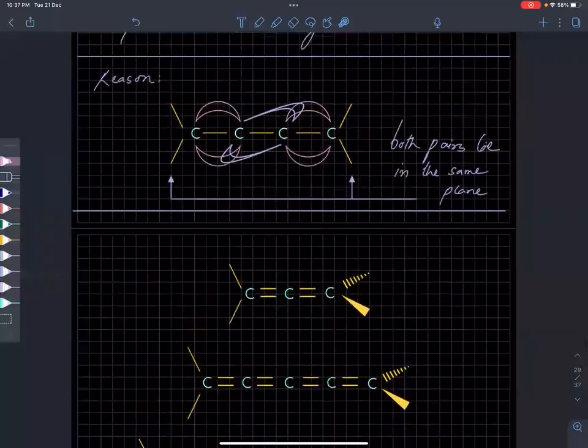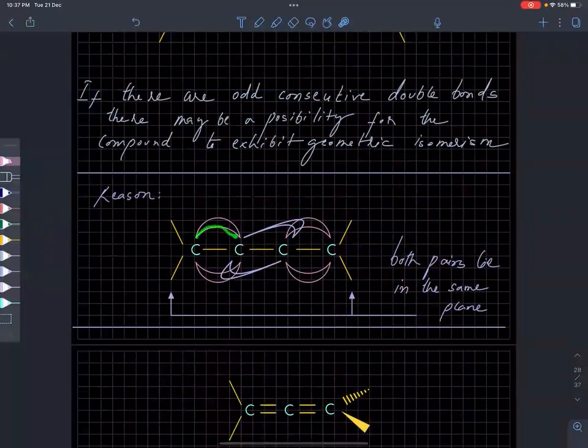The reason is this. I just told you that pi bonds are like this, right? If pi bonds are like this in between these 2 carbons, on the neighboring carbon the pi bond will be like this. So this is top and bottom, and in the neighboring double bond it will be at front and back. You know why?